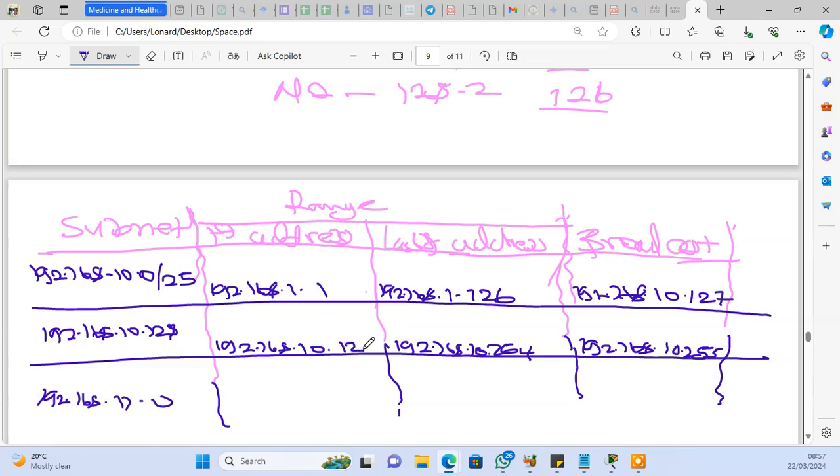So when you look at this, it's a continuation. We have not skipped anything. It's a 0, then 1, then up to 126, then 127, 128, 129, up to 254, then 255, that is it.